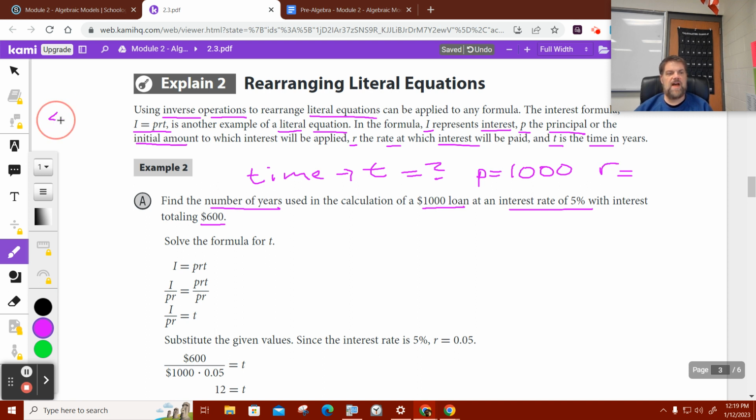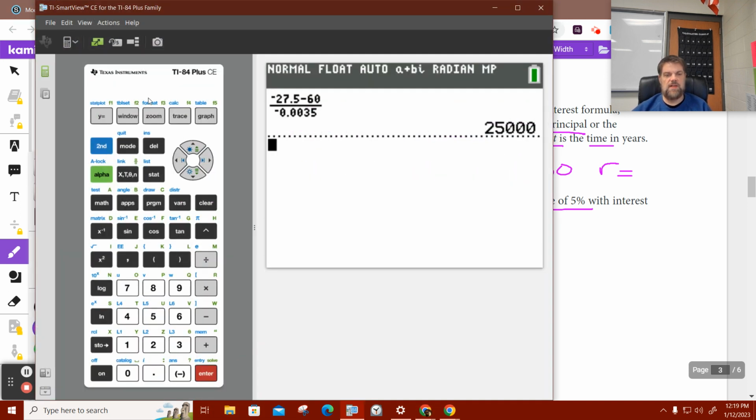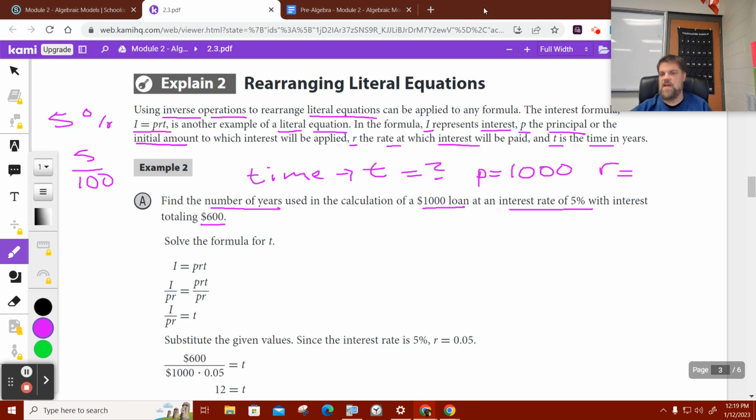Well, 5% is the same as 5 per 100. Grab your handy-dandy calculator and tell me what 5 divided by 100 is as a decimal. It's 0.05. So then my rate is 0.05.